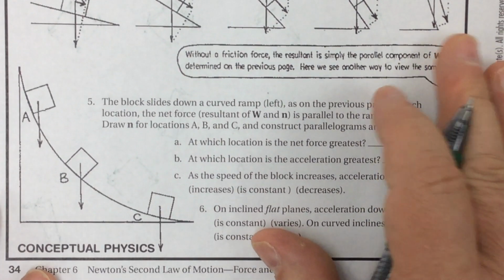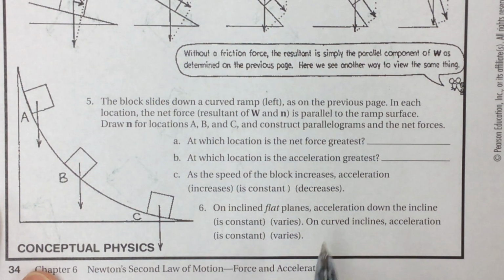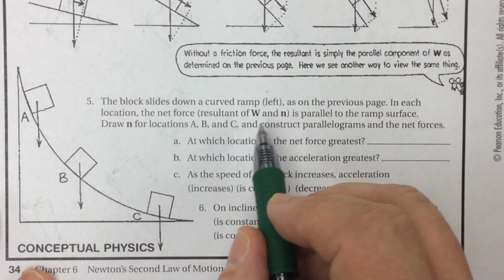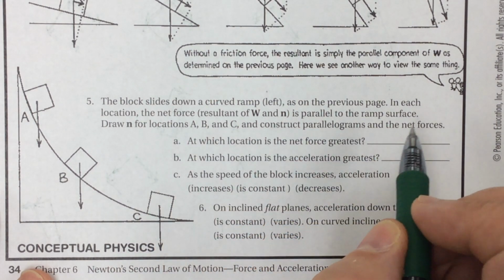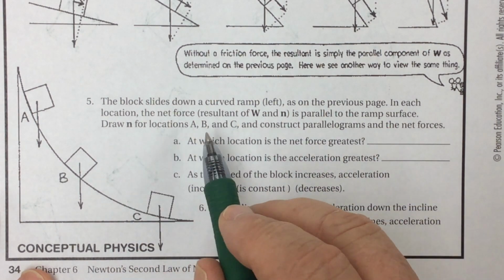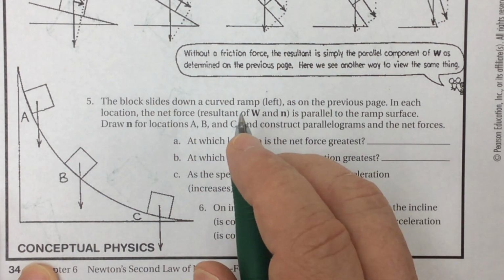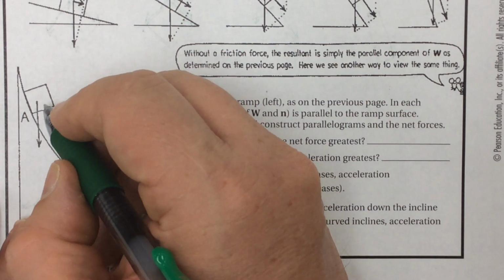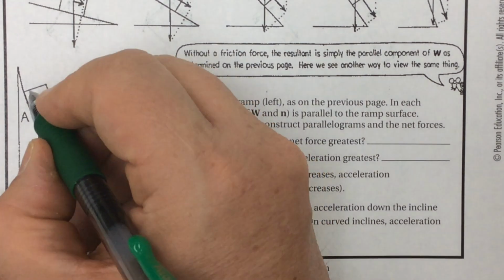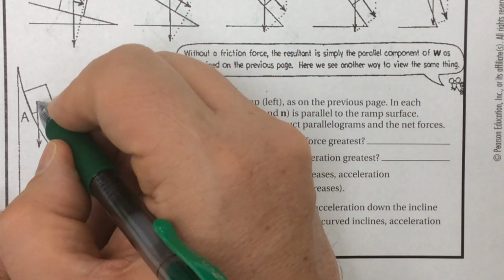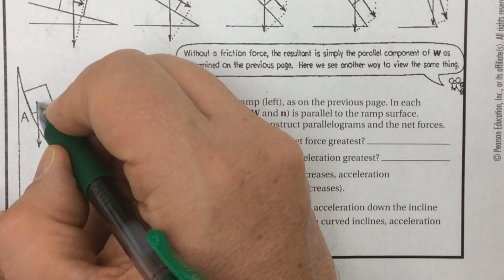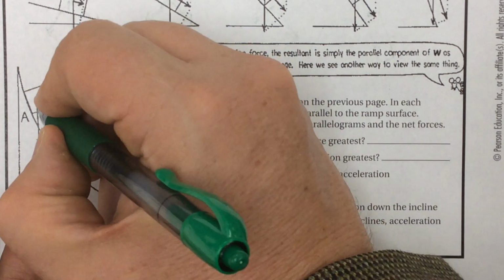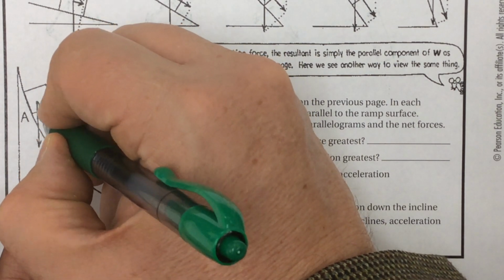All right. Number 5. The block slides down a curved ramp as on the previous page. In each location, the net force resultant N is parallel to the ramp surface. Draw N for locations A, B, and C. Remember, this is going to be broken into two parts. The first is going to go straight down. This is its weight, and you're going to have a component going straight out.